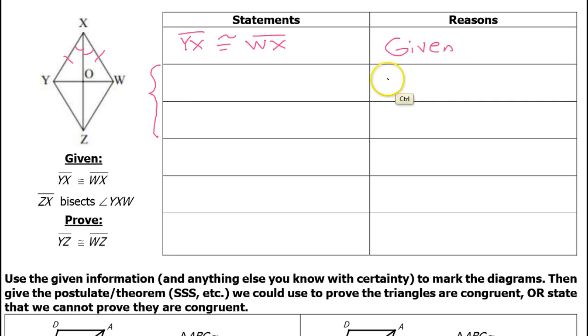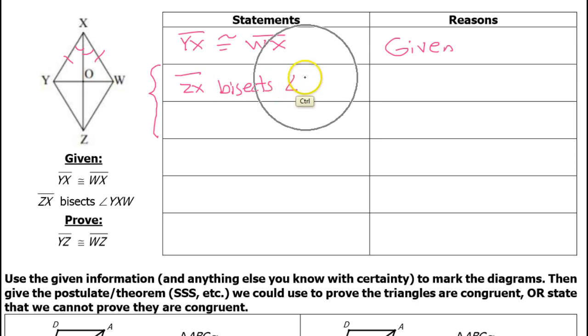So I will state the given, and then I will make the congruence statement. So first I will say ZX bisects angle YXW. Okay, that's given.